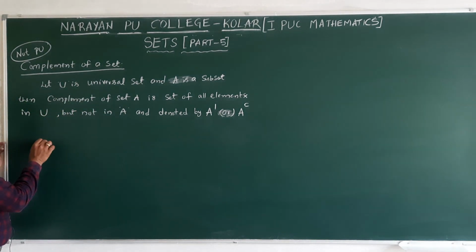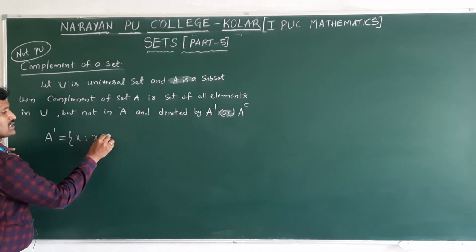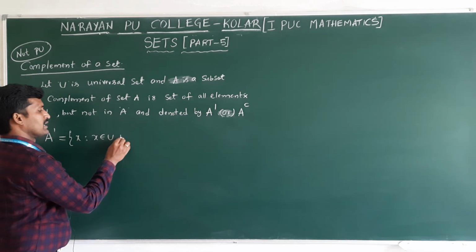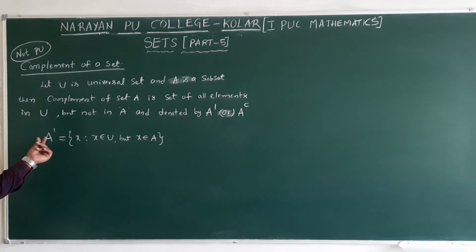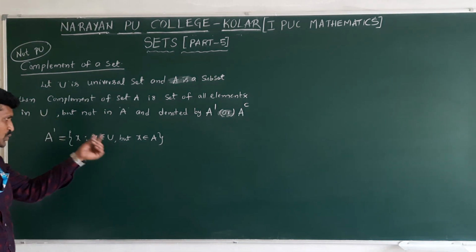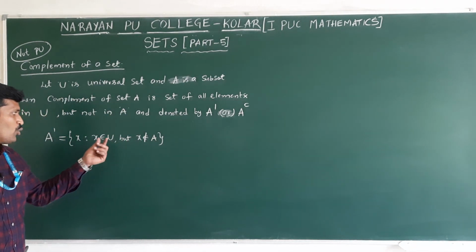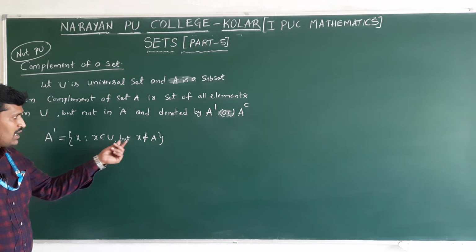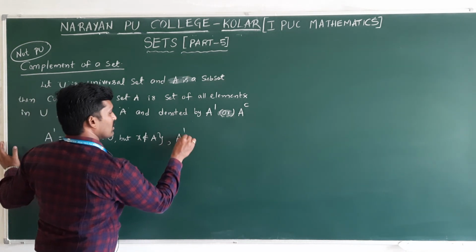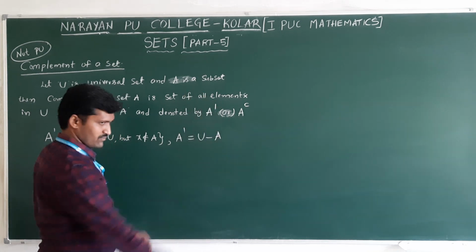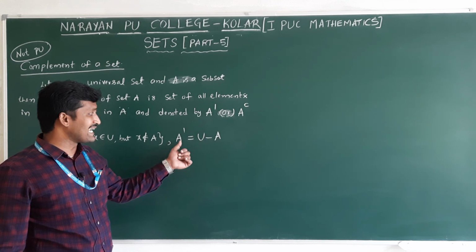You can represent this like this: A dash equals the set of elements X such that X belongs to U but X does not belong to A. A dash means the set of elements which are only present in U, the universal set, and not present in the A set. Simply we can write A dash equal to universal set minus A. When you subtract the set of elements in A from the universal set, you will get A dash.